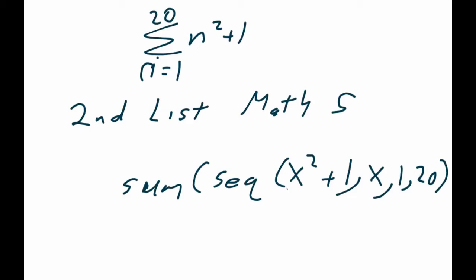When you get to the end, you can put a second parenthesis if you want, and you get 2,890. So it's second list math 5 and second list ops 5.